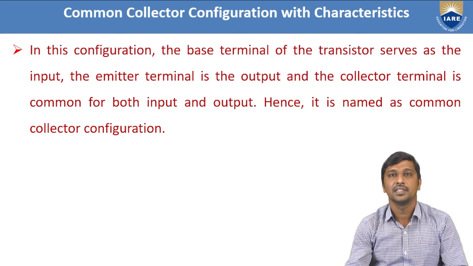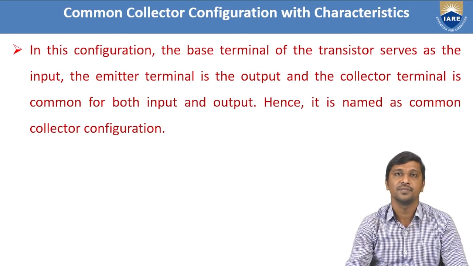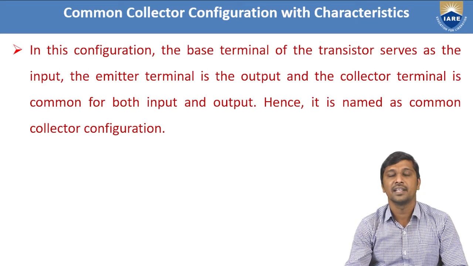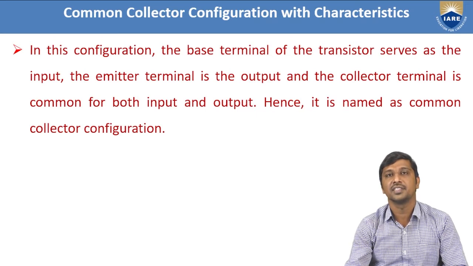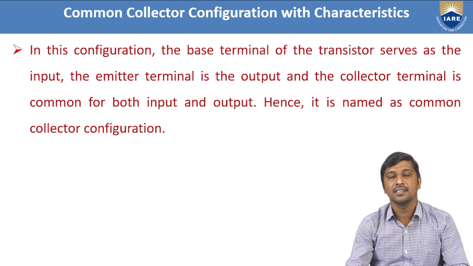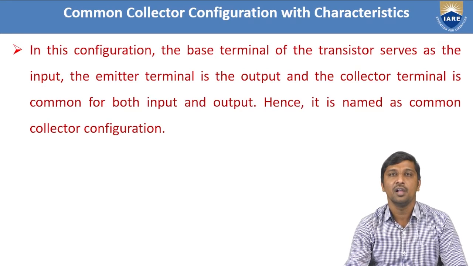If we observe the transistor construction, either NPN or PNP, we know that the total emitter current is the summation of base current and collector current. The emitter always emits the charge carriers, and in the common collector configuration we collect the output from the emitter. All the charge carriers emitted from the emitter are collected at the output side.